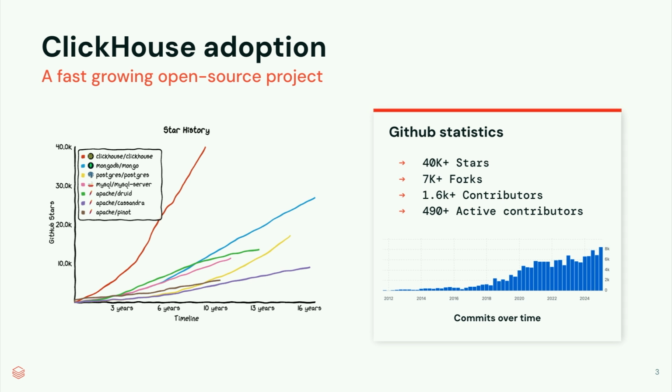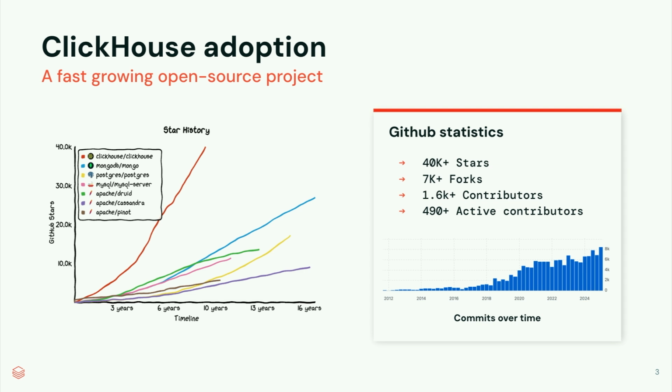ClickHouse was designed for two things: speed and scale. You need a system that can scale to very large data amounts and that could be extremely fast on top of this data.